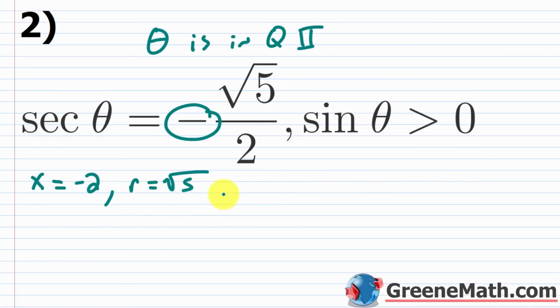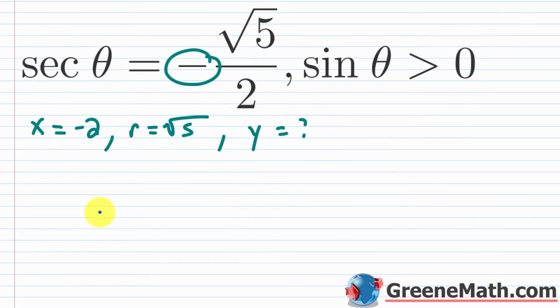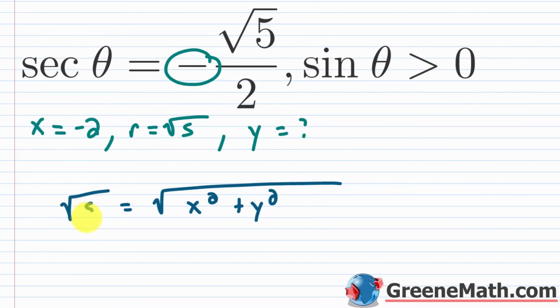I can just start plugging in. So y is equal to what? Well, to figure that out, let's plug in what we know. So we know that r is equal to the square root of x squared plus y squared, and r here is the square root of 5. Well, we know x is -2, so -2 squared would be +4.